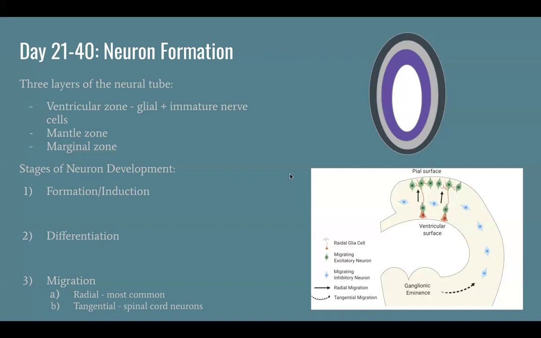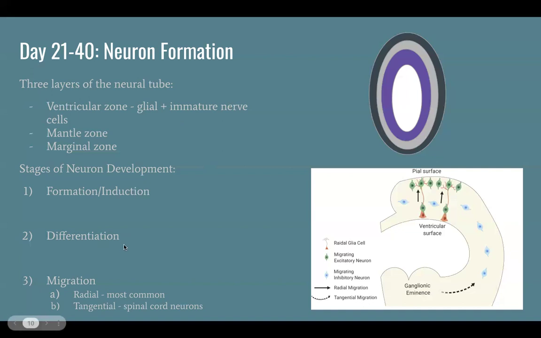If there's a high concentration of sonic hedgehog near where the neuron is located, it's going to become an interneuron. But if there's lower concentrations, it's going to become a glial cell. Things like that, right? So that's stage 2, differentiation.